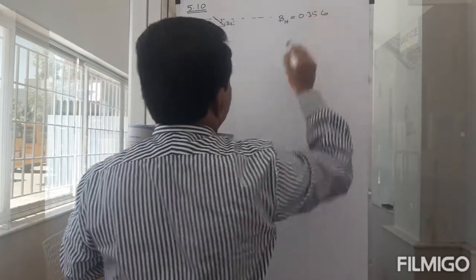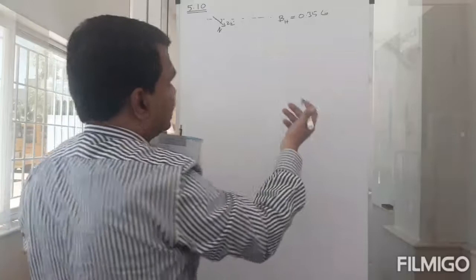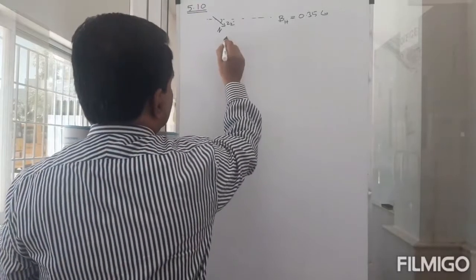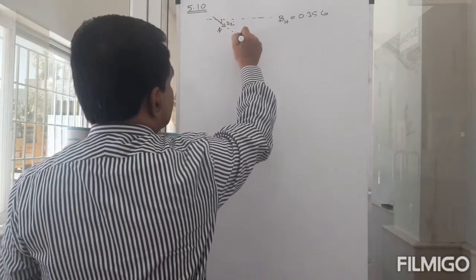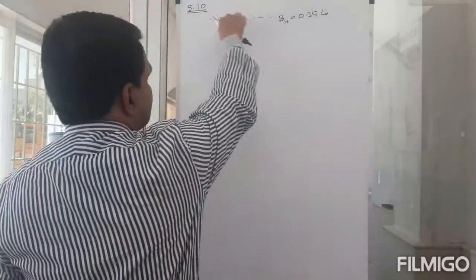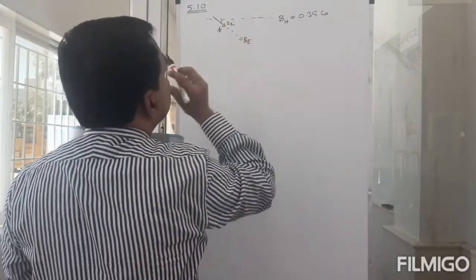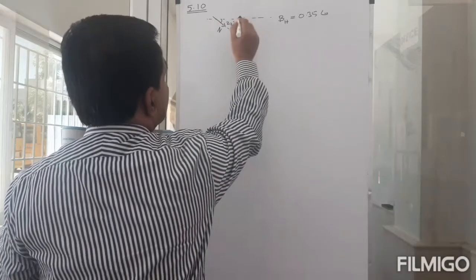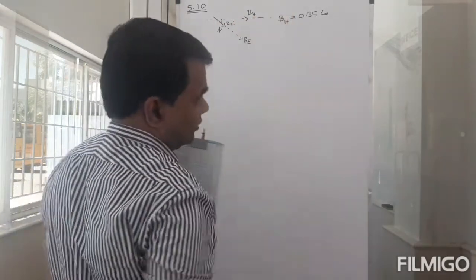They want you to find BE. Because the needle is pointing down, the B is in this direction, and the horizontal component BH is in this direction. This is what you have measured.